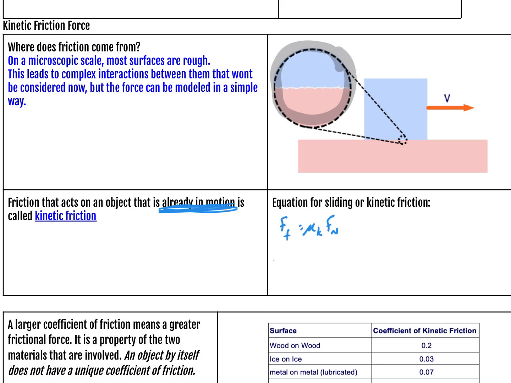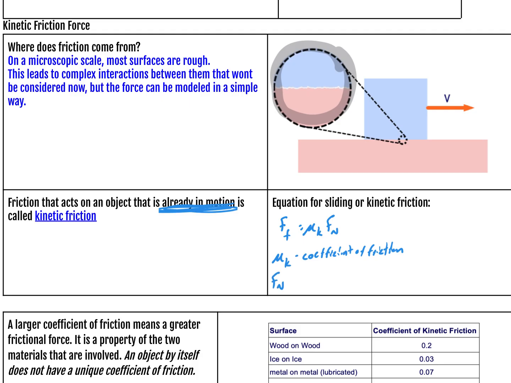The mu sub K is called the coefficient of kinetic friction. And so I have a chart here we'll look at here in a second. But the coefficient of kinetic friction is unique to specific surfaces. So once you establish the surfaces you're dealing with, it pretty much stays the same.